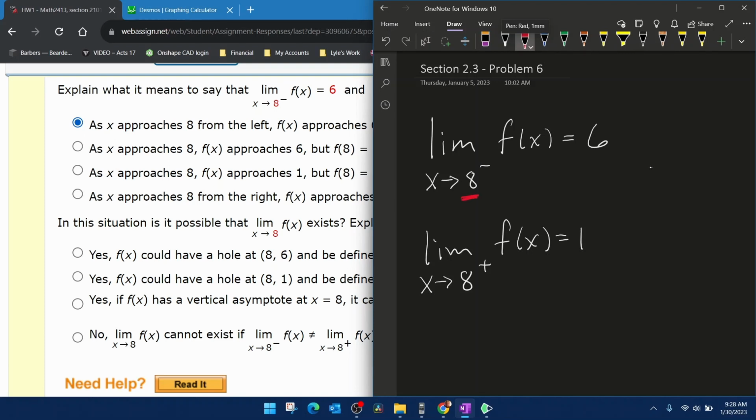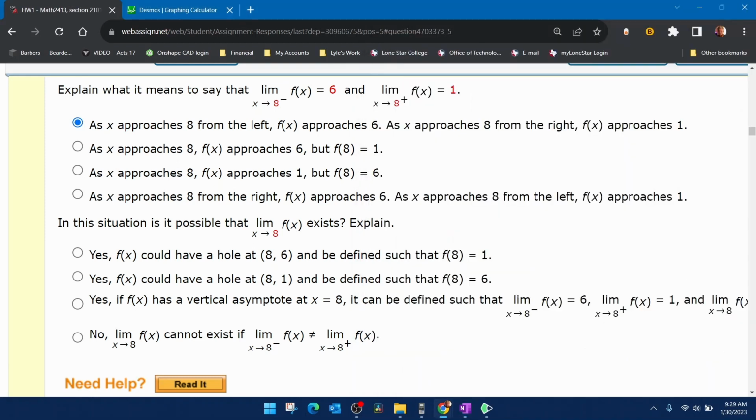If you approach the same value from each side, from the left and the right, and the limits do not equal the same number, then the limit as x approaches 8 overall of f of x does not exist. You have to approach the same number from both sides in order for that limit to exist. And so back in our problem, the only option that says no is the one that we need to choose.